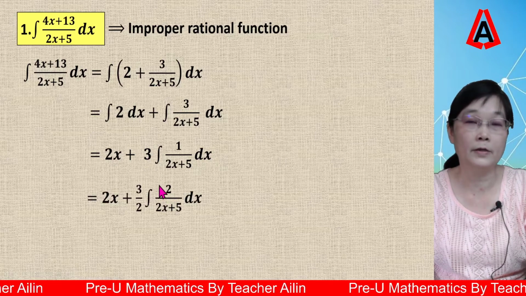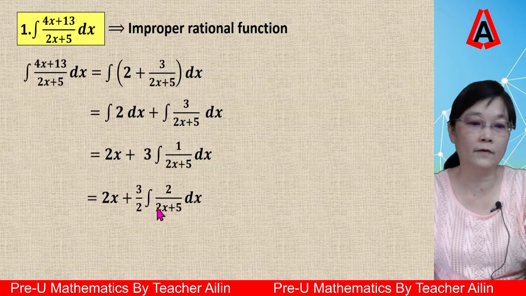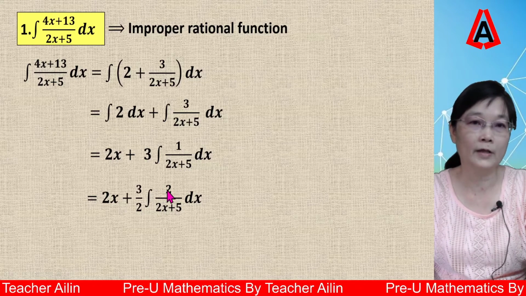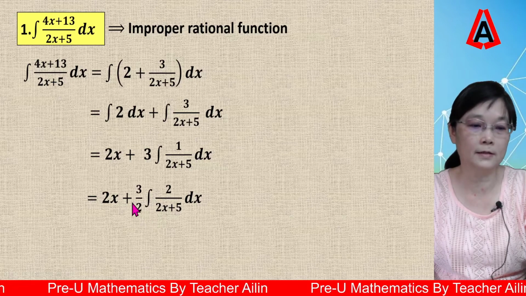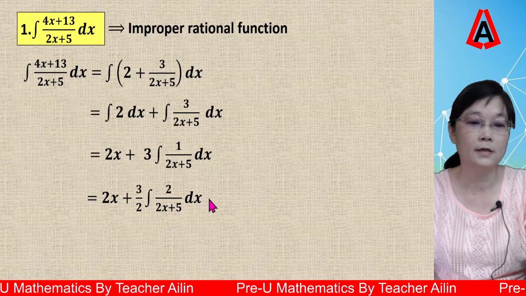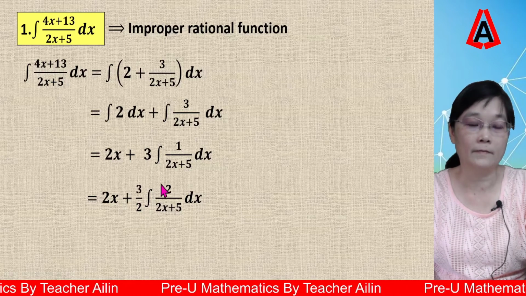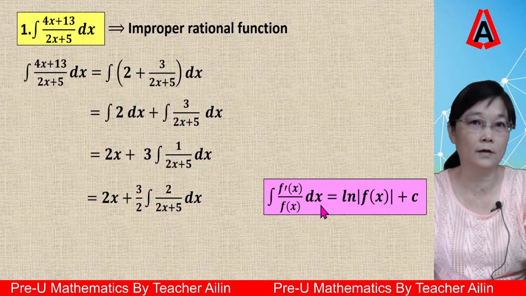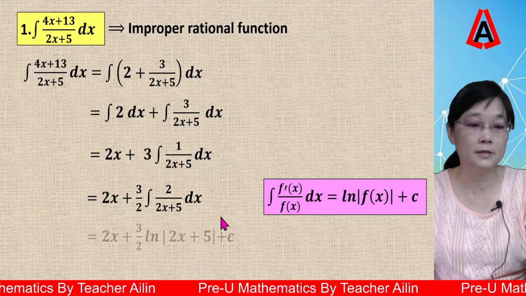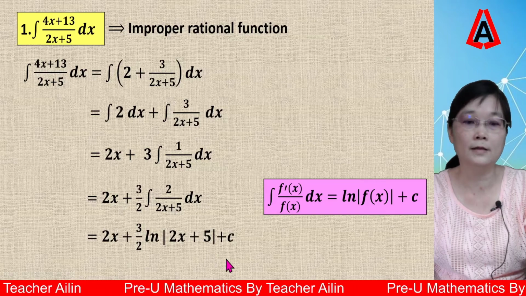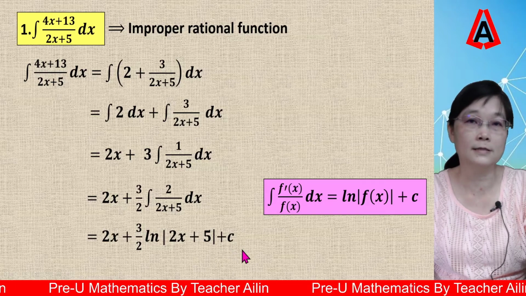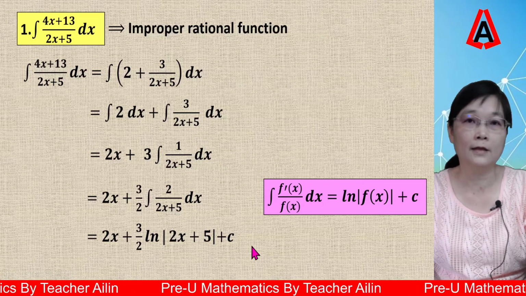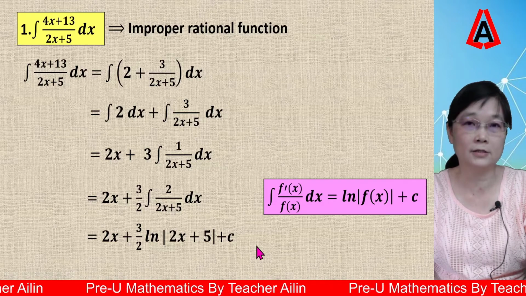Then I simply plug in the derivative of 2x plus 5, that is 2, here. At the same time, I must divide by the same number out here. Up to here, I'm ready to integrate this integral by using the formula here. After integration, I'll end up with this one, then plus a constant c. C is an arbitrary constant that must be written every time after the integration.